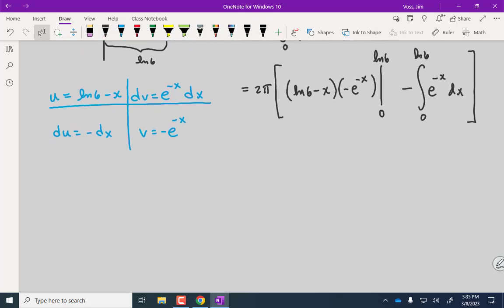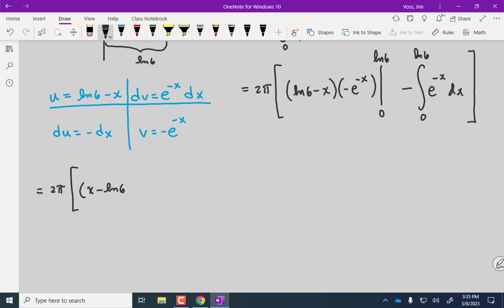All right, and instead of evaluating right now, let's just evaluate at the end. So we will have 2 pi multiplied by big bracket. This minus sign right here, I'm going to move it into this thing next to it. Instead of natural log of 6 minus x, if we take that minus and push it in, it becomes x minus natural log of 6.